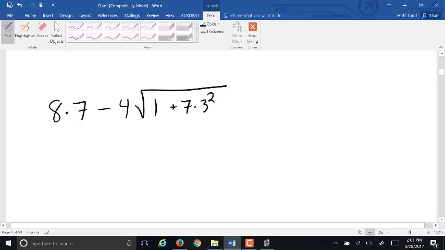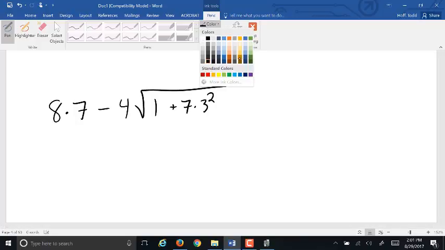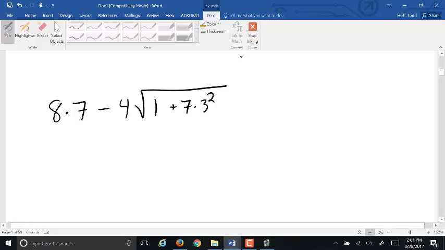Something like that. Looking at this, what has to happen first? Exponents. In fact, we have this square root symbol here, which is not only an exponent, but it's also an enclosing symbol.